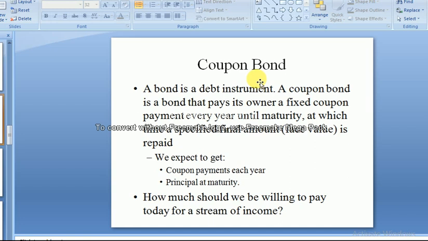So I think, dear students, you will understand the coupon bond and the coupon rate. The coupon rate is just the interest rate that is offered on the bond. The interest rate offered on the coupon bond is called the coupon rate, and the amount of that interest is called the coupon amount.